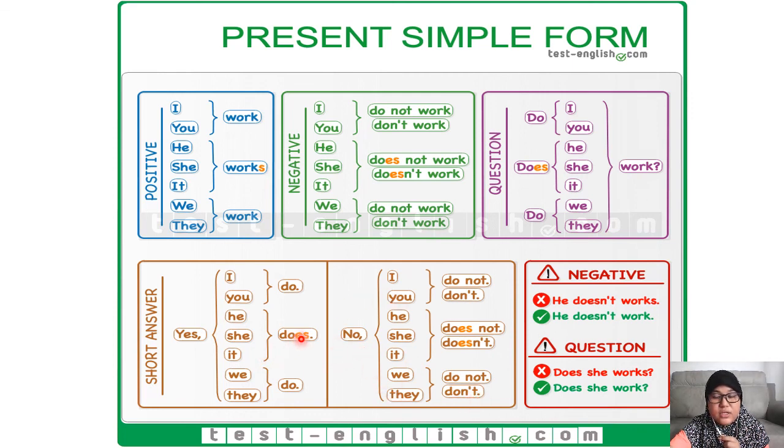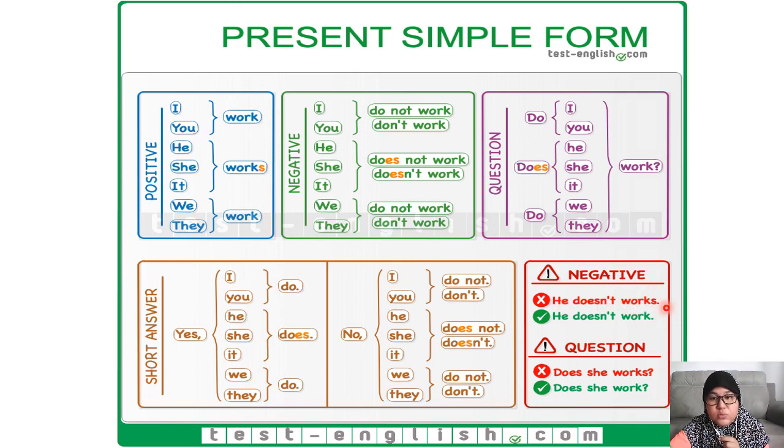If does is positive, yes, does. No, does not or doesn't. No, do not or don't. Look at the negative here. Negative, he doesn't works. Salah. Kenapa salah? If you put doesn't or don't in a negative sentence, you cannot put the verb with s, walaupun dia singular.